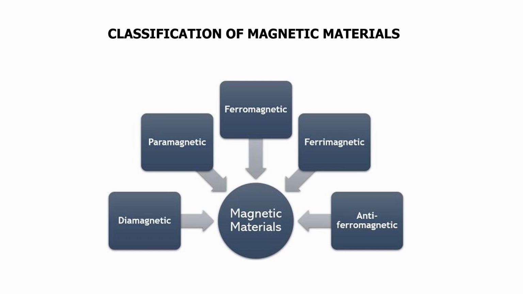Now coming to the paramagnetic material. When I talk about the next classification, I have to take both together, that is paramagnetic and ferromagnetic. In these two, there will be a net magnetic moment in the absence of a magnetic field also, which means even if I am not applying any magnetic field to it, it will show magnetic behavior.